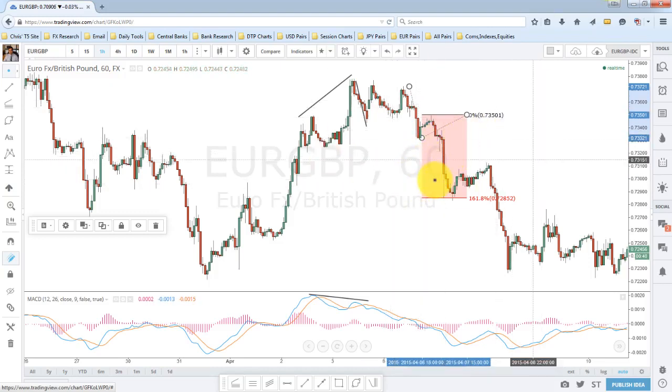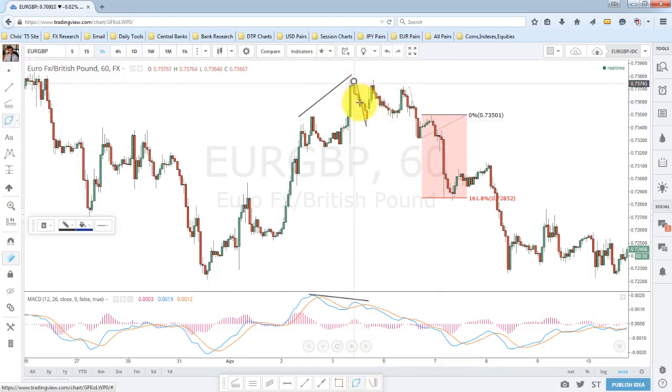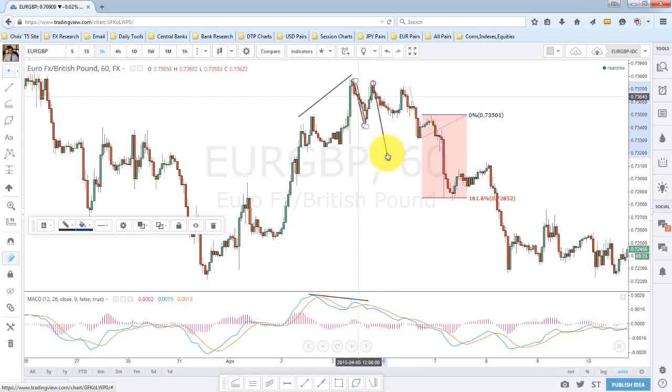Okay, we'll talk about that a little bit more later, but that was the exception to the rule right there with the extension. Now, in the same way, if we would have had right here, let's say we pulled down, rallied, and then this leg extended, okay, to the 162%, then we would have qualified that divergence as well. And then we would have looked to have sold the pullback.